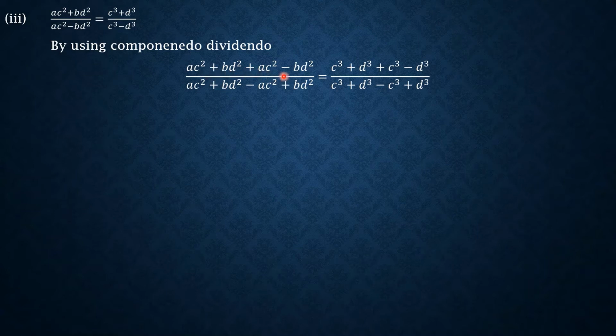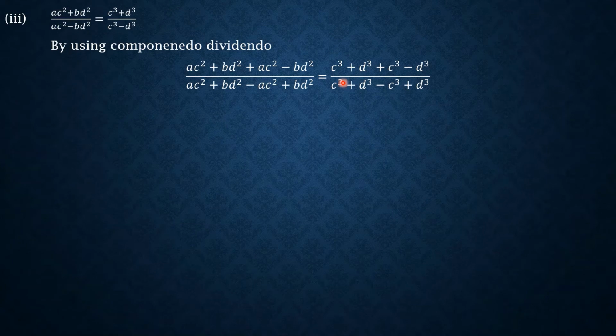which is ac square minus bd square, divided by numerator ac square plus bd square minus denominator ac square minus bd square. Minus into minus will be plus, so we have plus bd square. Now come to the right side. Fraction of right side is c cube plus d cube by c cube minus d cube.